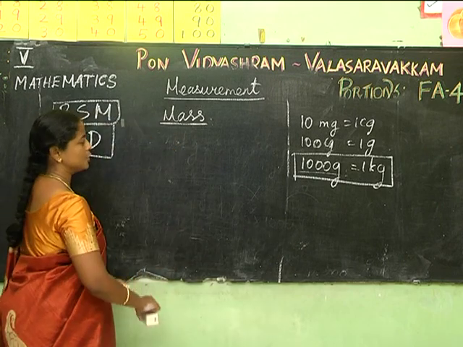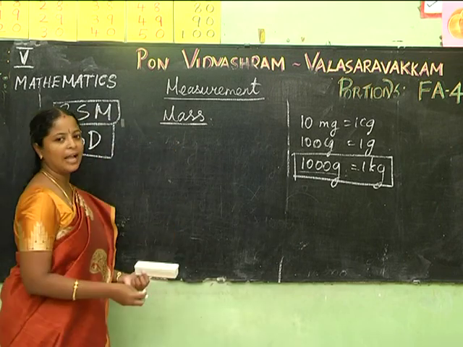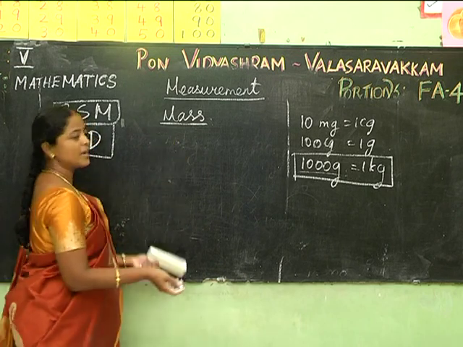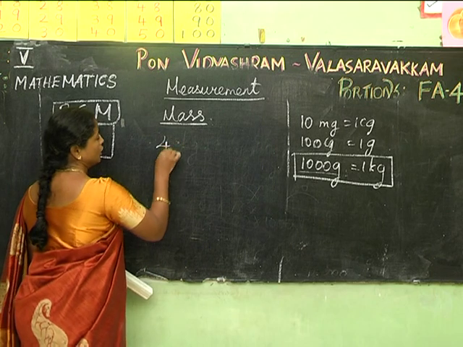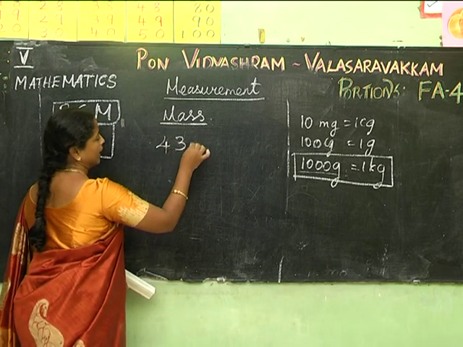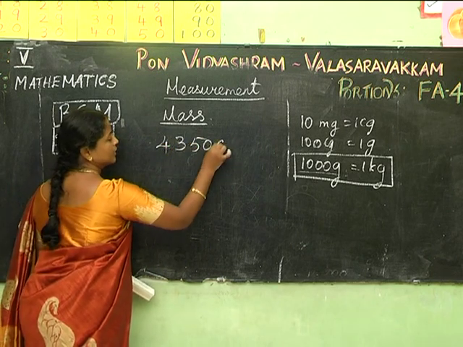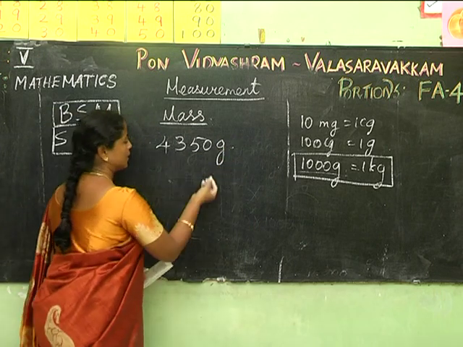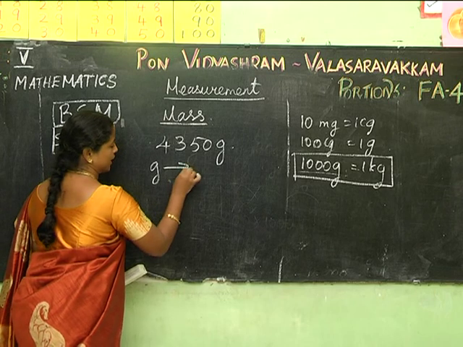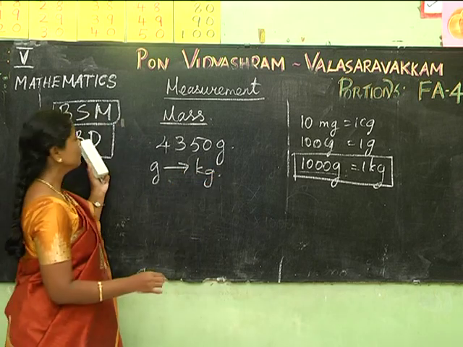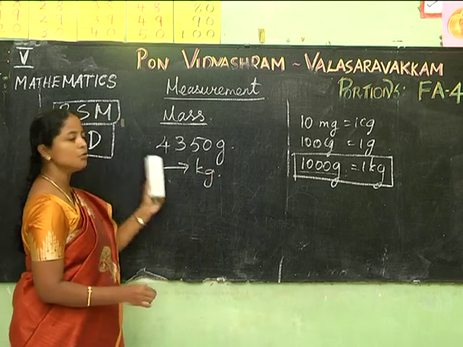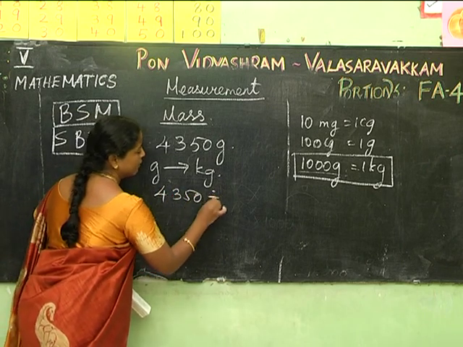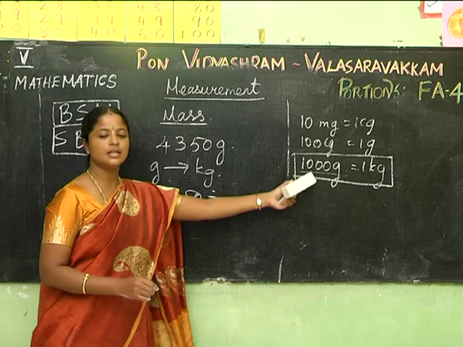Similarly, whenever you are going to convert from a smaller unit to a bigger unit. Imagine I have bought vegetables, the total weight of the vegetables is 4350 grams. Now I have to convert it to kg. To convert grams to kg, we have to divide, smaller to bigger. 4350 divided by the relationship, which is 1000.